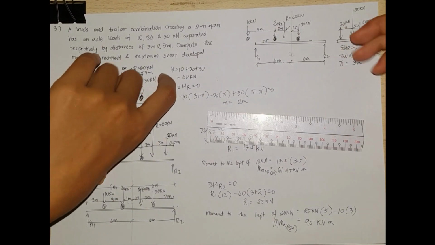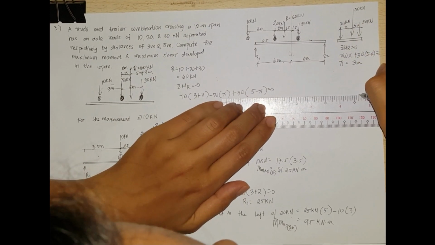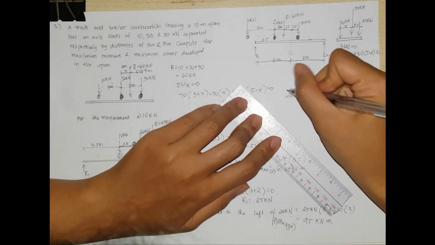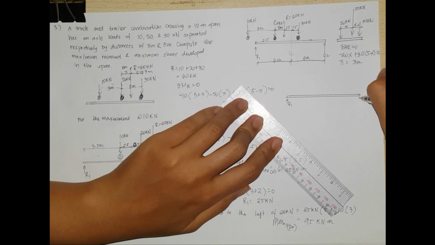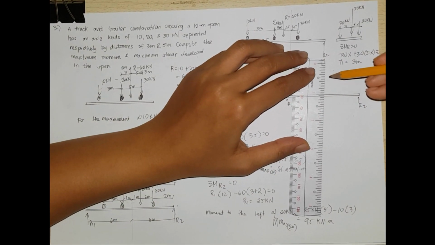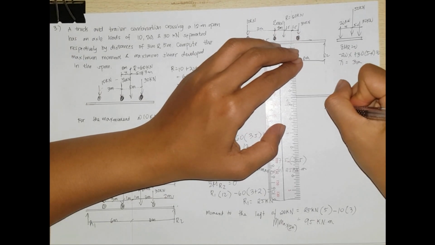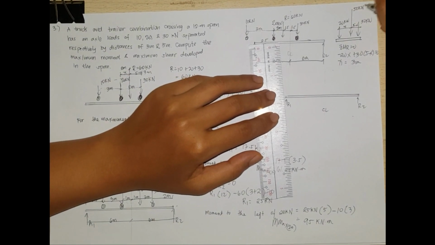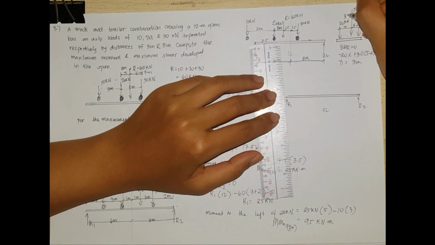So, drawing natin. So, ulit tayo ng ating span. So, we have R1, R2. This is the center line. And then, consider natin, this is 2 meters and this is 3 meters.